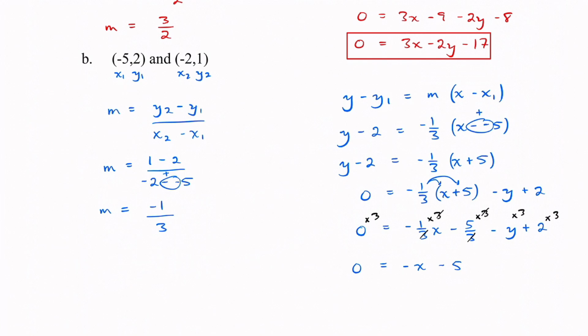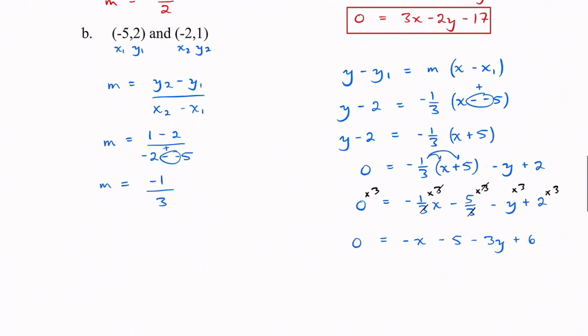Then we got a 3 times a y, so that's a minus 3y. And then we got a plus 2 times a 3, so that's just plus 6. So these two numbers can now go together. That's just going to give me a plus 1. So I got 0 equals negative x minus 3y, and then a plus 1.